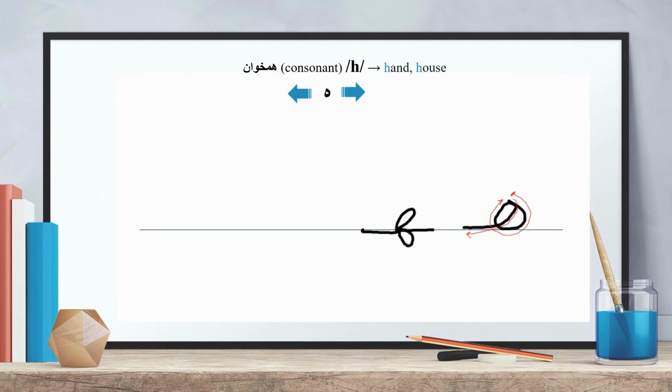First a straight line to the left. Then we proceed with a butterfly to this part again, from here to here, probably like this. Then again from here to the left. So this is he.